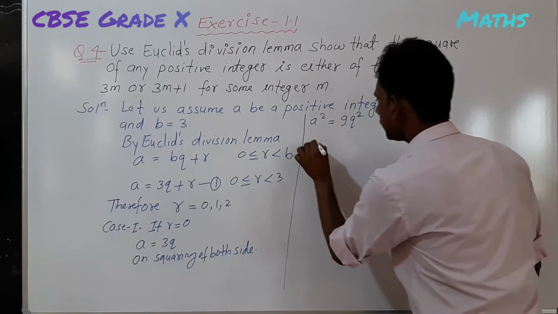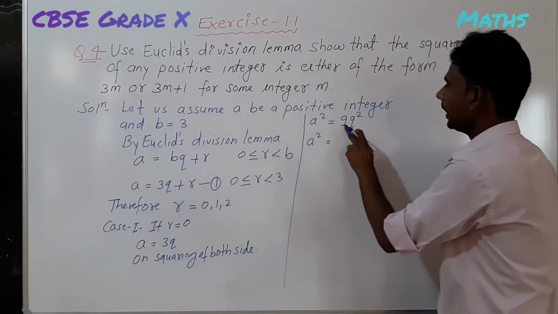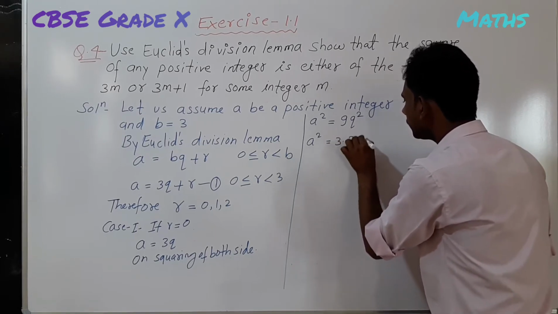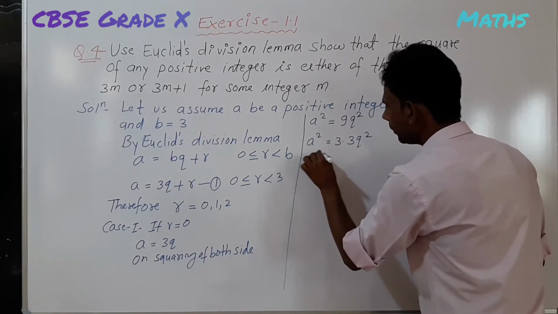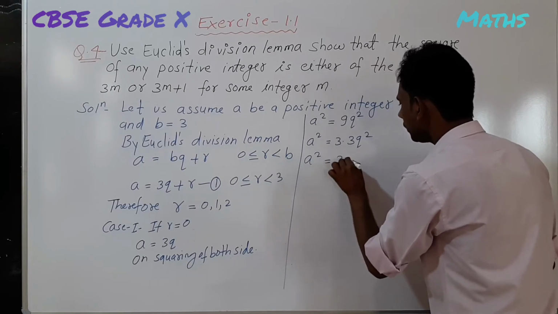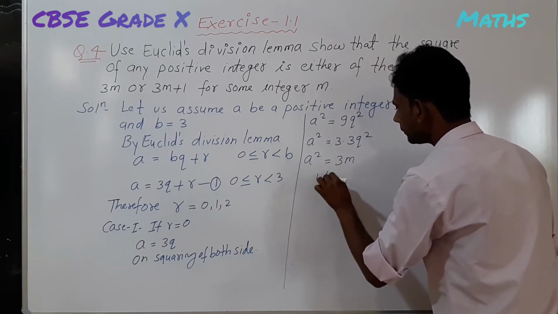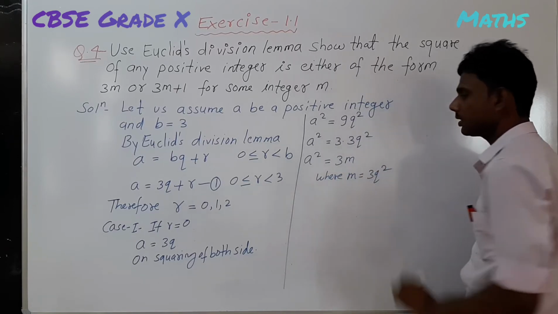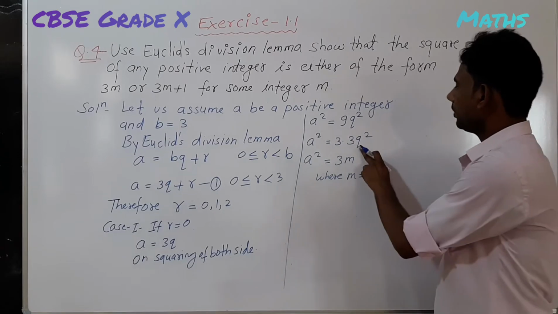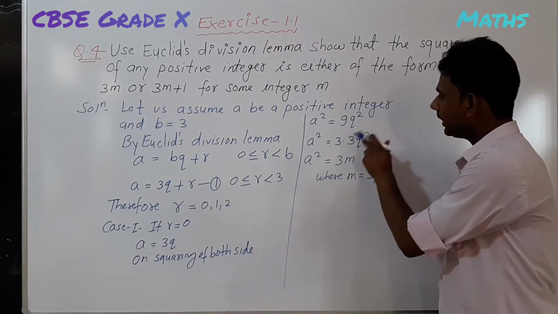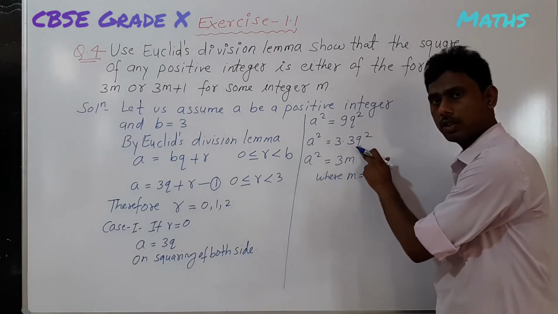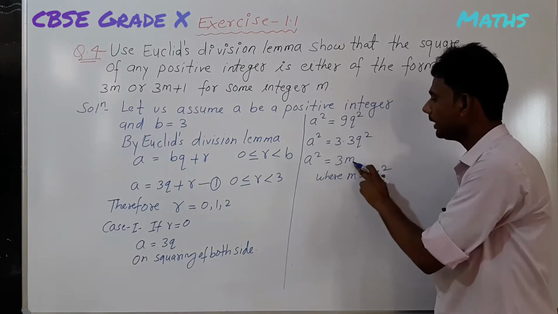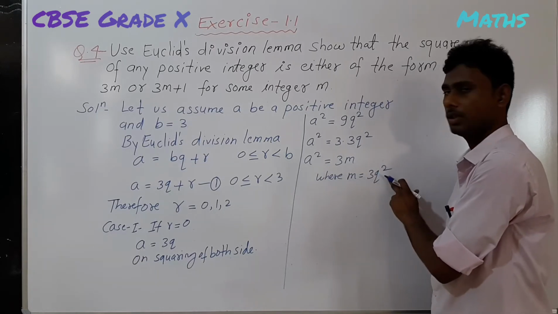Now a square equal to 9q square, we can write 3 into 3q square. Now a square equal to 3 into m, where m equal to 3q square, because we know that q is an integer, so 3q is also an integer, 3q square is also an integer, therefore we replace this integer by m. m is equal to 3q square.